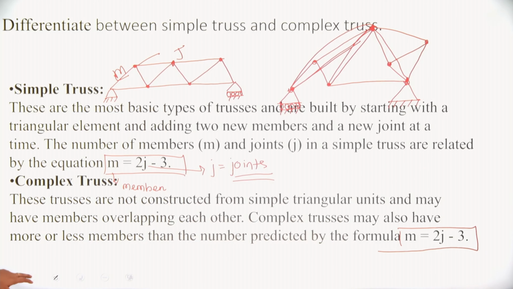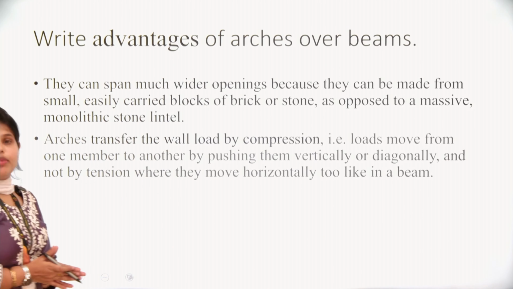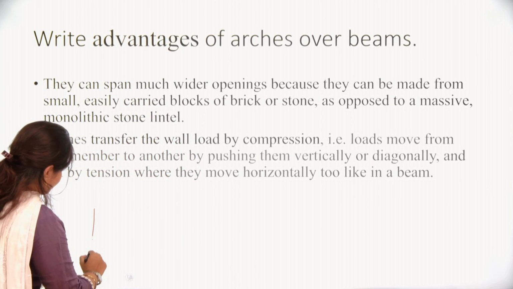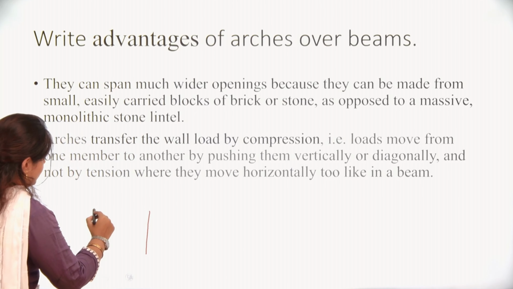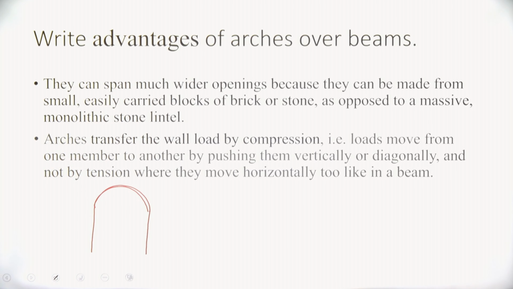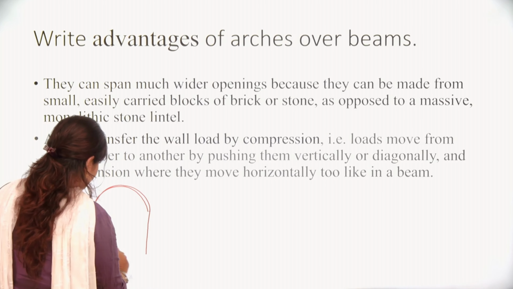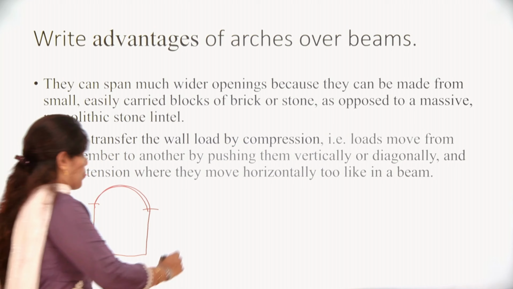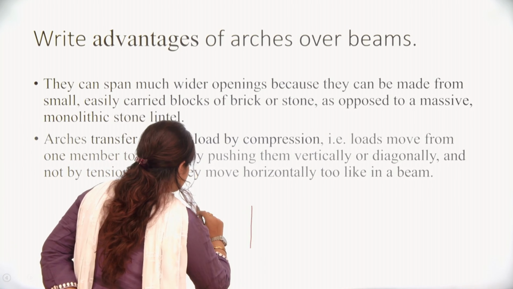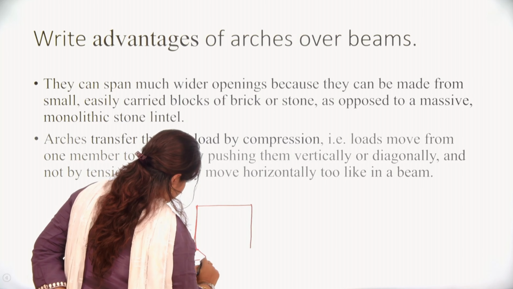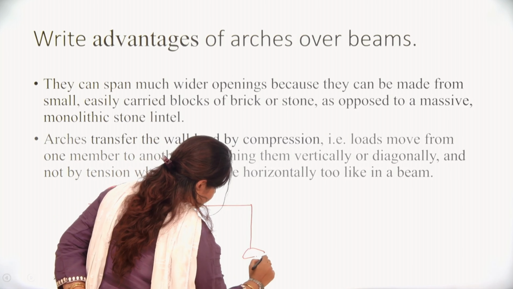Okay. So next question, write advantages of arches over beam. First thing, what is an arch? If we have a column and the structure looks like this, this is your arch. If a structure is with a beam, it will look like this.